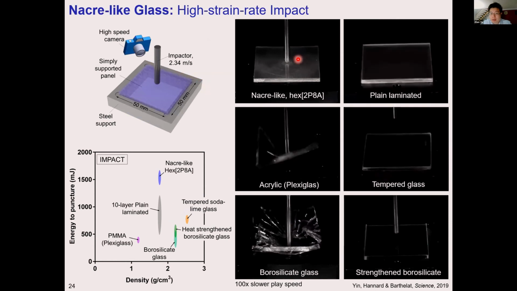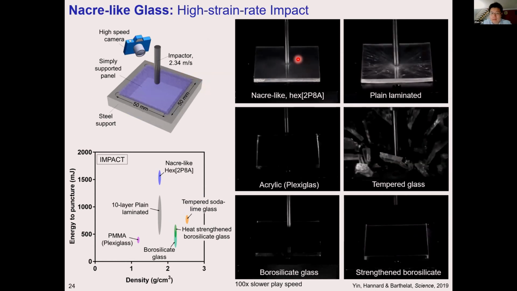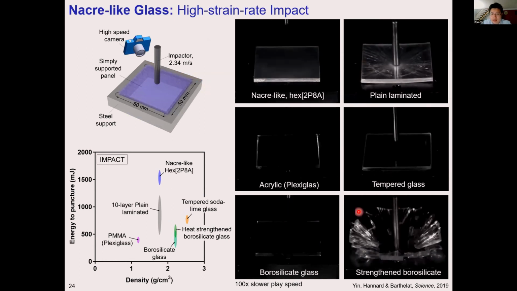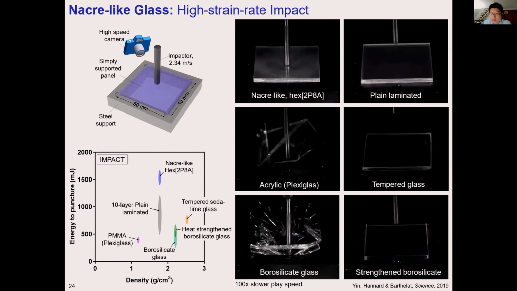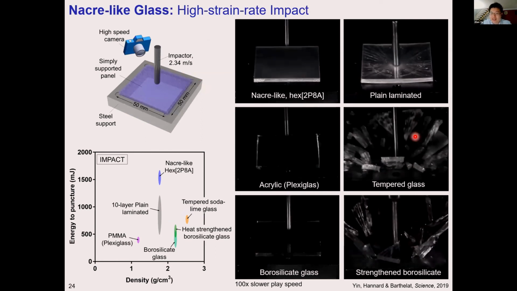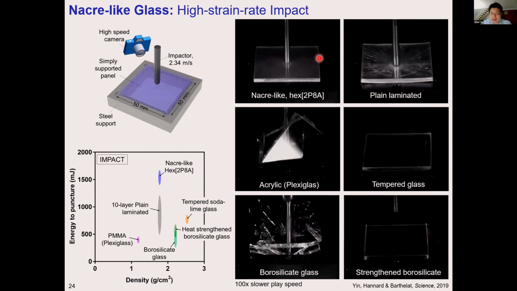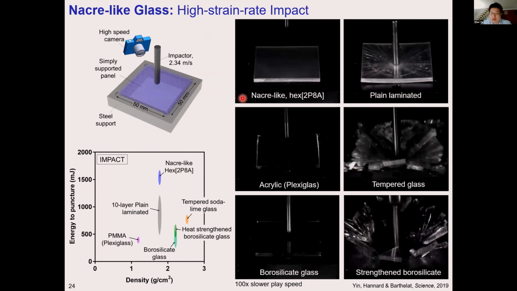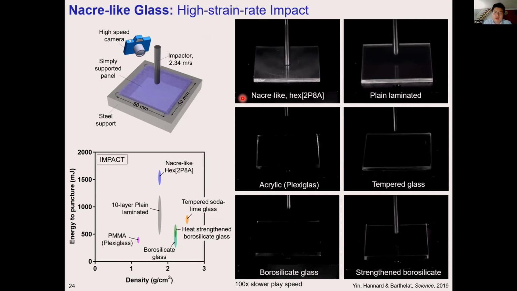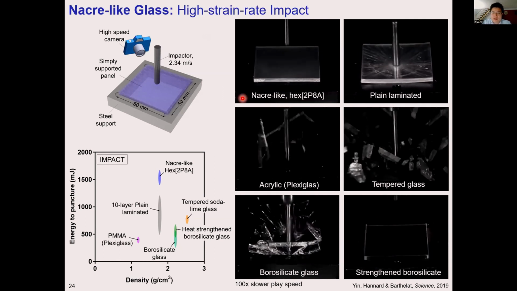There's some permanent deformation. But it's not like the glass is completely fractured. It's more like elastic and plastic deformations. Okay, some degree of elastic deformation, a little bit of plastic deformation as well.